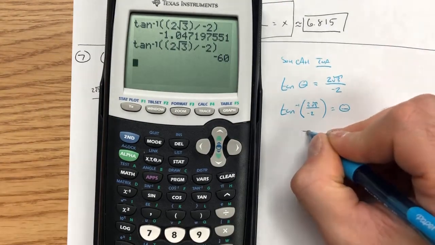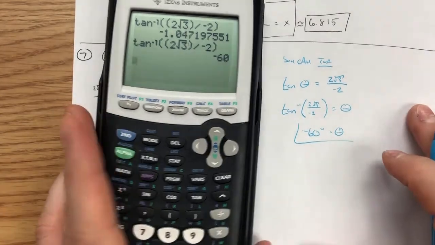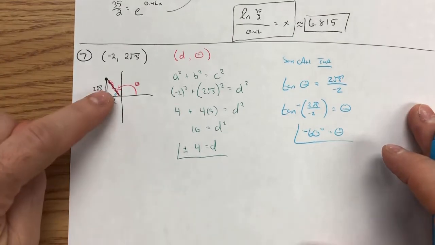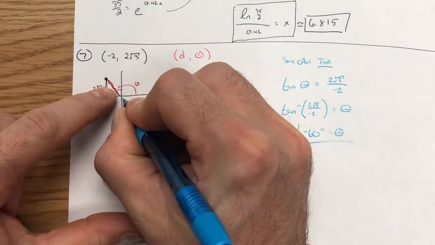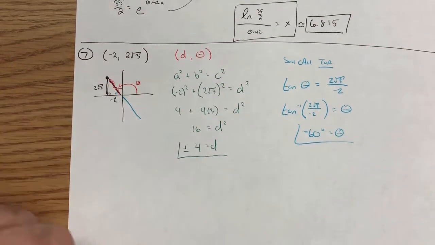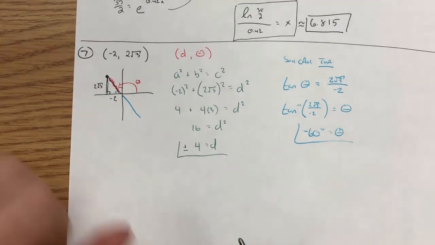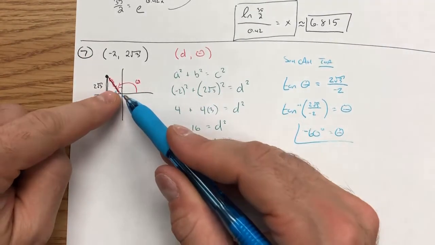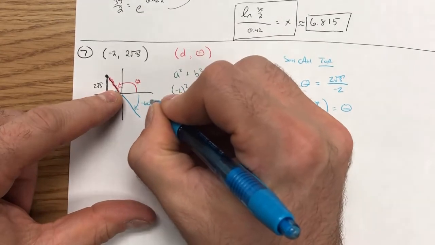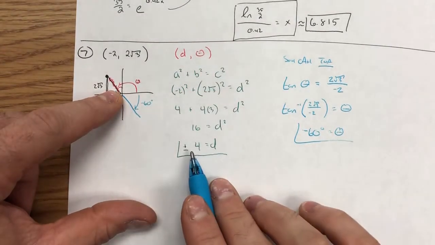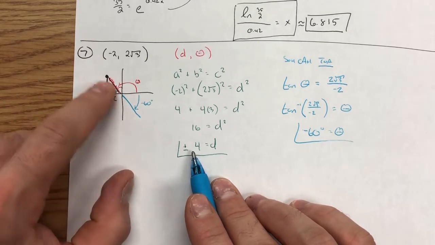Now, if I have negative 60 degrees as my theta, that might cause us to pause because we were like, hold on, that's not negative 60 degrees. Negative 60 degrees is this right here. And so using these two pieces of information together, if I'm dealing with a negative 60 degrees, which is right here, I'm going to use that negative distance because I'm not going along this direction, I'm going against it.